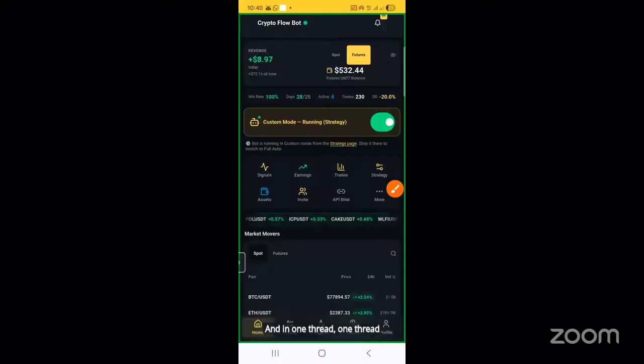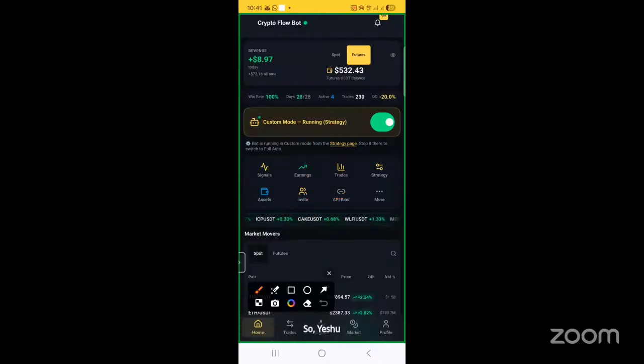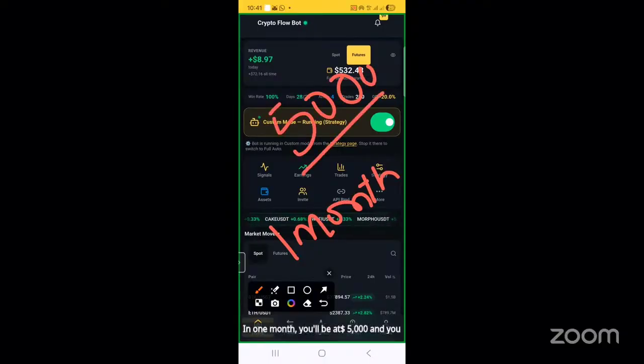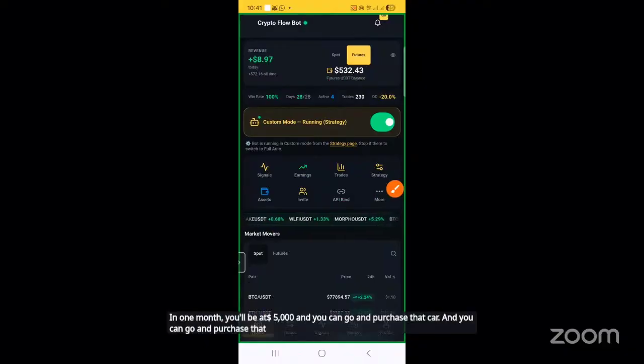In one trade you make $100. One trade you make $300. So you're sure in 1 month you will be at $5,000 and you can go and purchase that car and that plot of land.